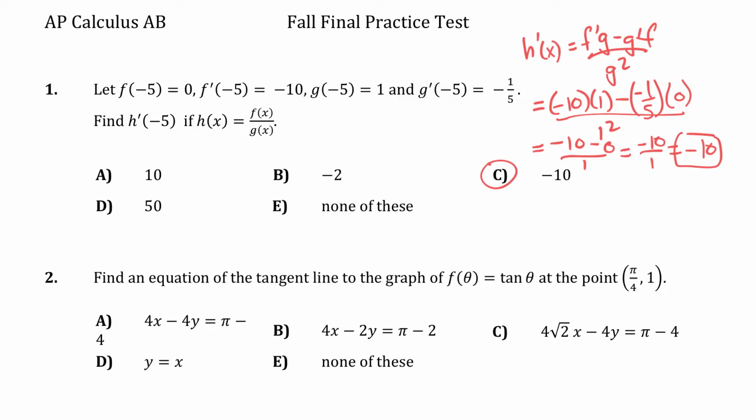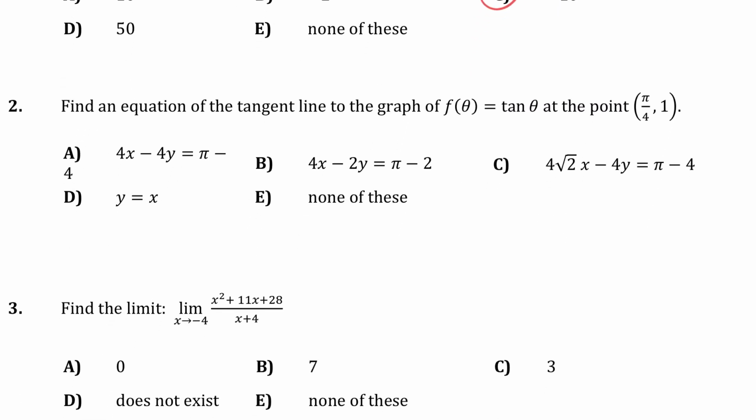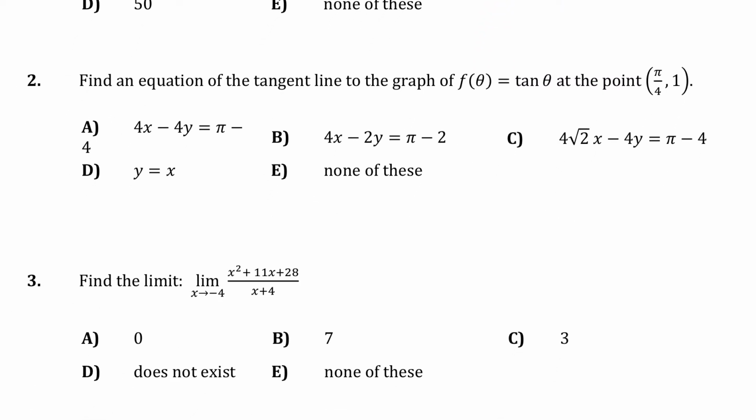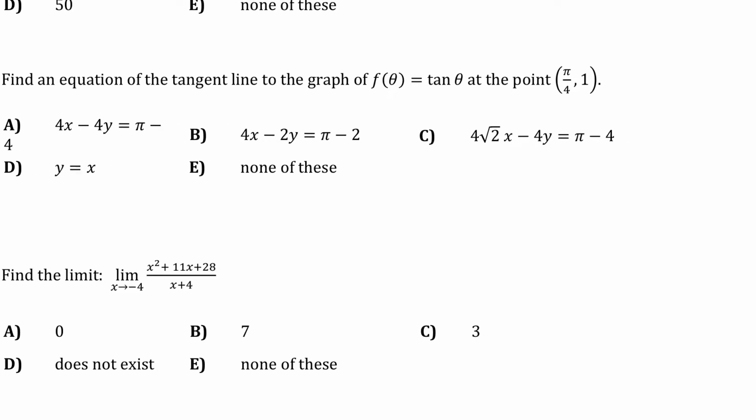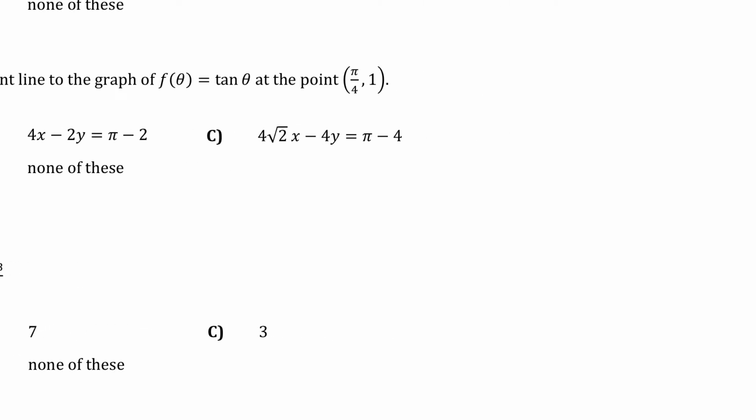All right, moving on to number 2. Find an equation of the tangent line of the graph of f of theta is tangent theta at the point pi over 4, 1. Okay, so I'm going to write over here f of theta is tangent theta.